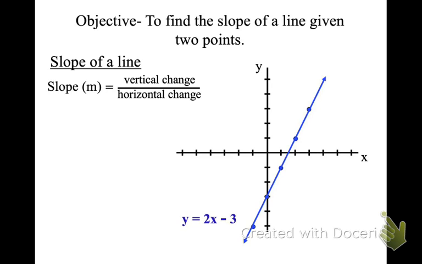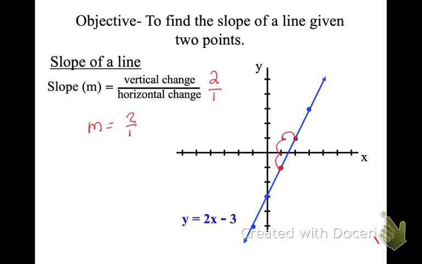So that means we're going from one point here to the next, and I'm going to count 1, 2, and then I go over 1. So the vertical change is 2, and the horizontal change is 1. So my slope equals 2 over 1.